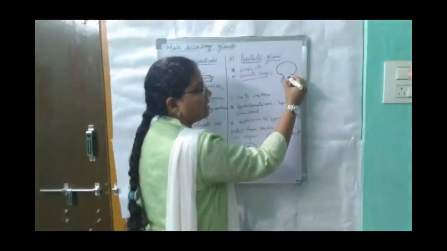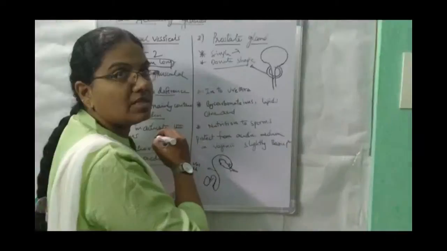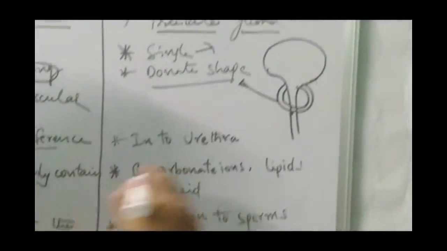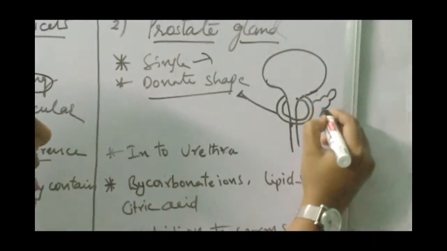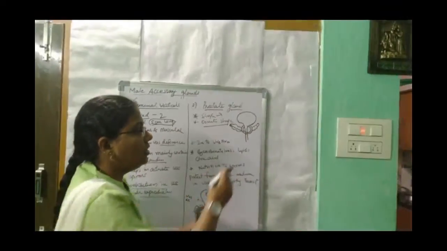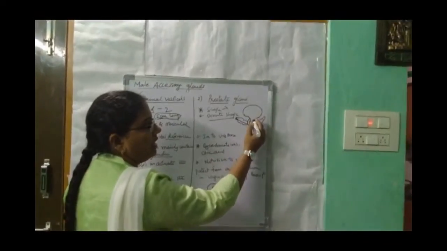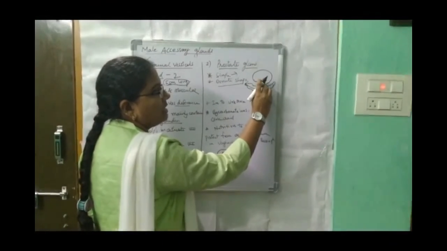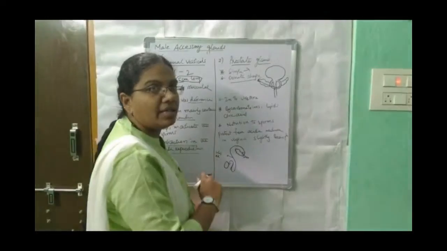The ring-shaped or donut-shaped gland is the prostate gland. Here, seminal gland, which is connected to urethra. This is the urinary bladder and urethra. The prostate gland is connected to the urethra.